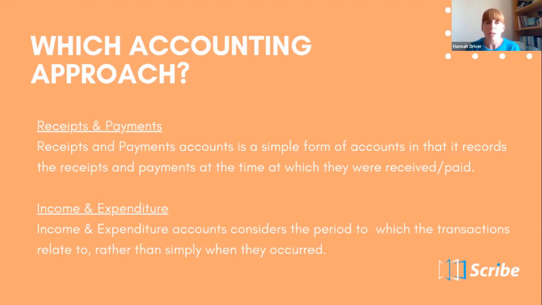So receipts and payments is a really simple form of accounts. And I always say that it's just simply what happened, when it happened, regardless of when it related to. So you record it, you've made a payment on this day for this amount of money, and that goes in the cash book as at that point. Now it's very simplistic. And if you've come from a more financial background, or maybe some of your councillors have, often that can seem very straightforward and simplistic without considering actually when it relates to.